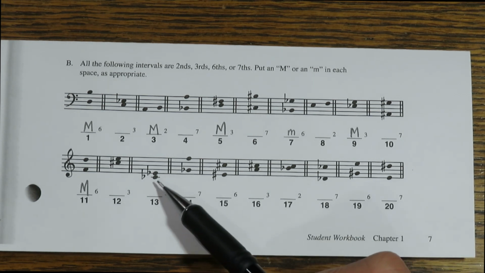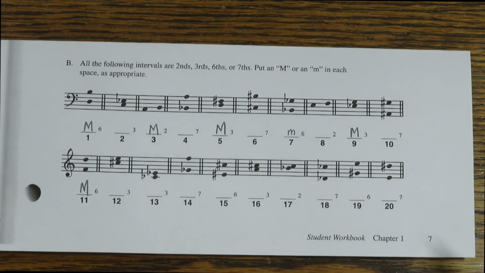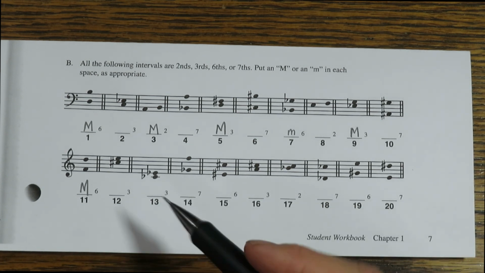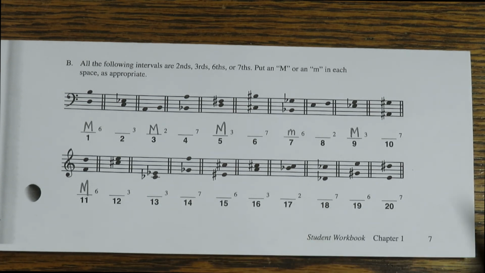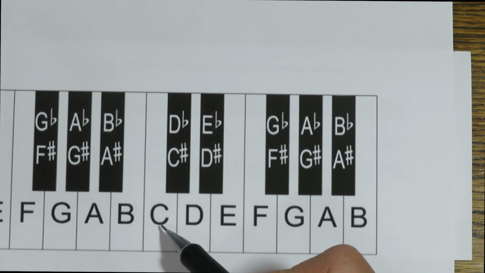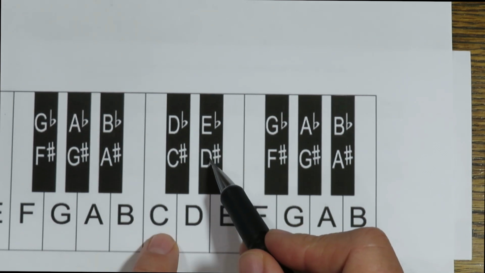Now we have C flat to E flat. Ooh, interesting one. Okay. So C to E, we know that it's some type of third, right? So here's C. Now here's E flat, right?